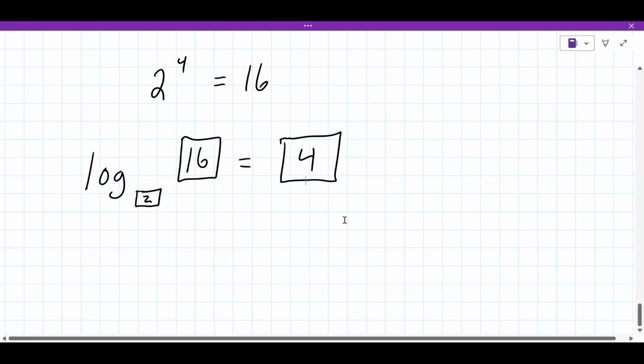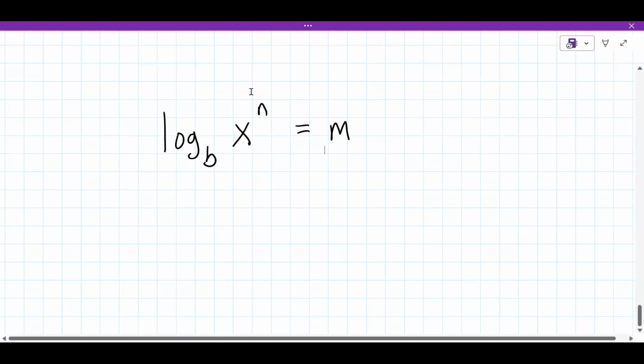All right, so let's try another one here. More generally, if I give you something like log base b of x equals a number m, this is the more general one.